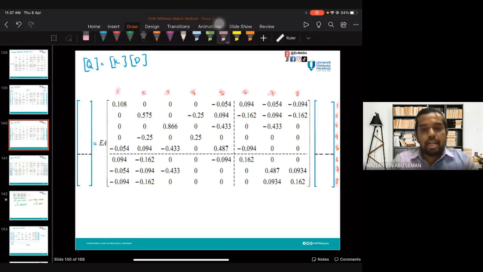So you can start to learn how to operate your matrix and how to calculate this matrix in Excel. It's up to you whether you want to use formulas or anything. You can find a lot of references on Google that will teach you how to do matrix operations in Excel.